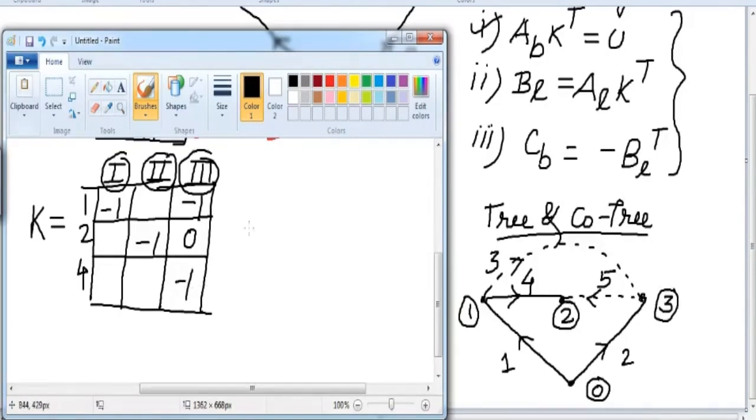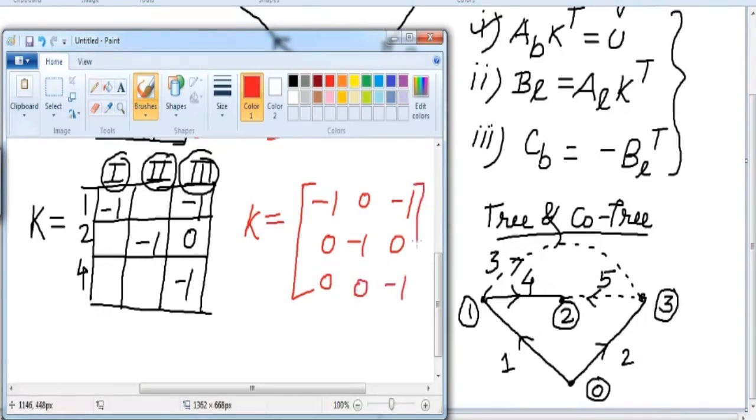So this will be the matrix K. From here the matrix can be written as K is equal to, in this way, -1, 0, -1, 0, -1, 0, 0, 0, -1. Here you have to just remember one thing: while drawing this matrix, you have to follow the paths which are related to your respective branches, right?